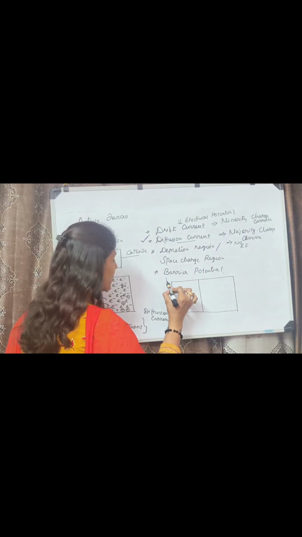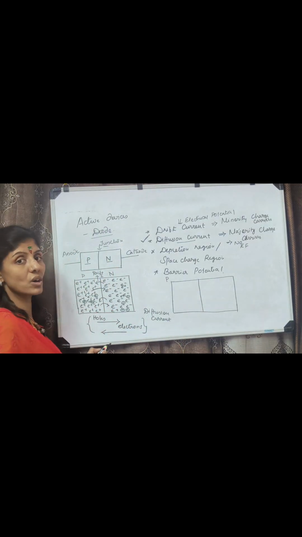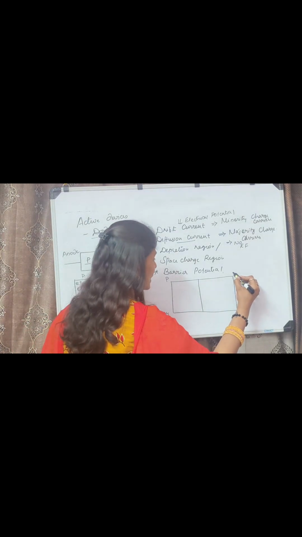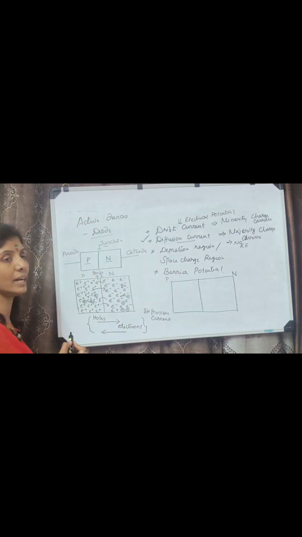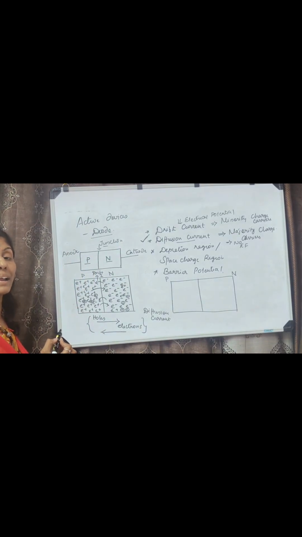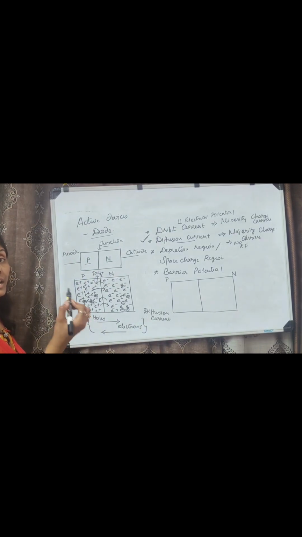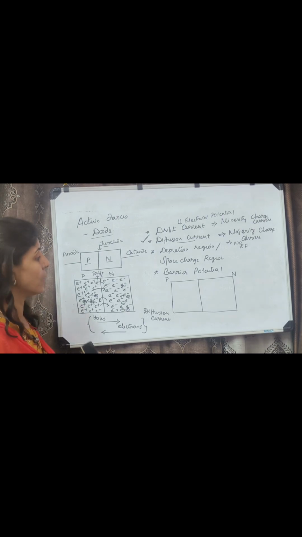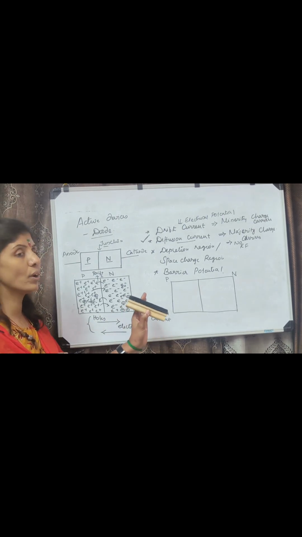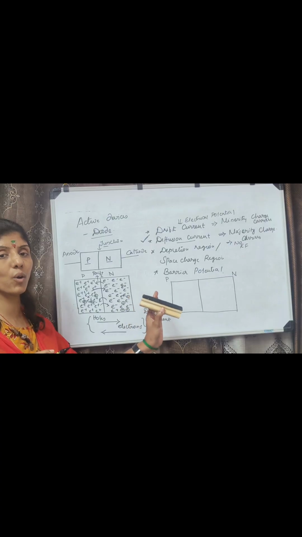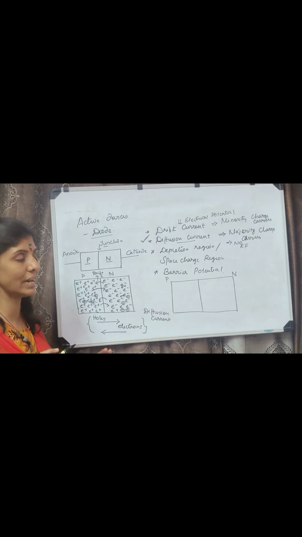In the P region, holes are the majority charge carrier and electrons are the minority charge carrier. In the N region, electrons are the majority charge carrier and holes are the minority charge carrier. Now they want to be equally distributed. All the holes and electrons should be equally distributed.